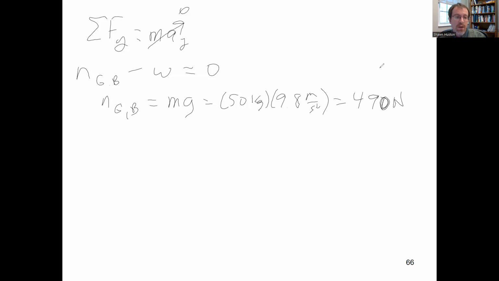All right. In a prior video, we learned that the maximum size static frictional force is equal to mu sub s times the normal force. So if I'm concerned about the frictional force that the floor exerts on the box, its maximum size is going to be equal to the coefficient of static friction times the normal force that the floor exerts on the box.